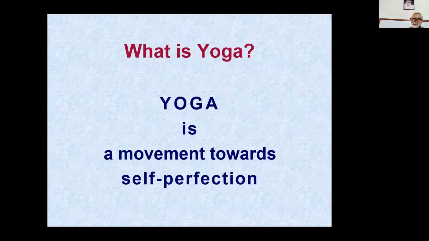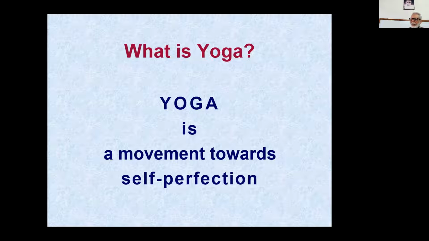It's not a haphazard process, and it involves a movement towards self-perfection, which means the emphasis is on the direction rather than the goal. The goal is self-perfection, but then any movement in that direction is also yoga. So yoga is a path which takes us towards self-perfection, and yoga is the goal, which is union. Union with what? Union with the divine.